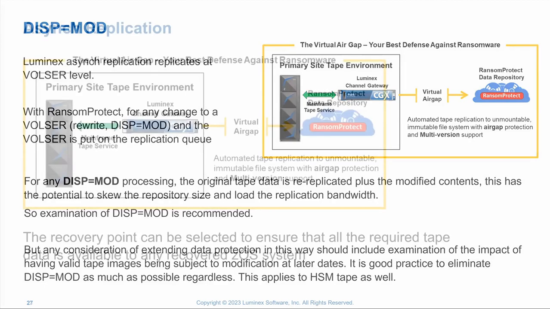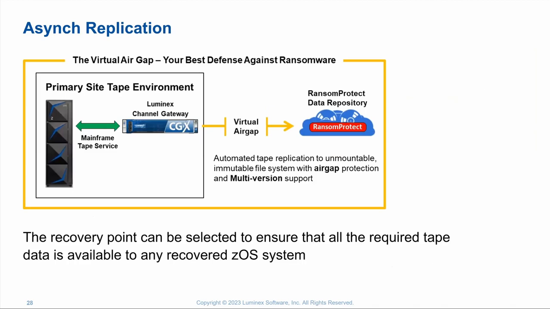Now, I mentioned async replication. The point of this is, if you're looking at this service to address recovery from a previous z/OS disk snapshot, then you have the luxury of selecting a recovery point that ensures that all the required tape data is available to any recovered z/OS system.